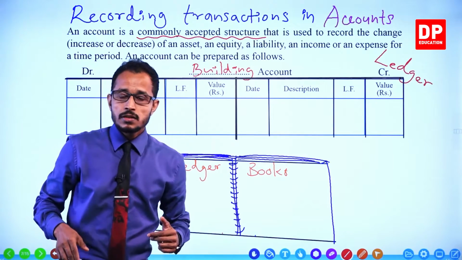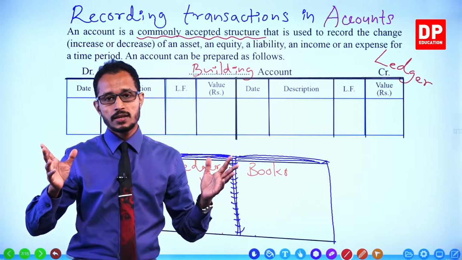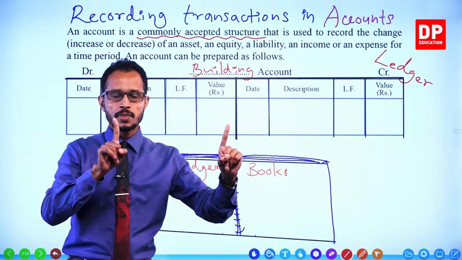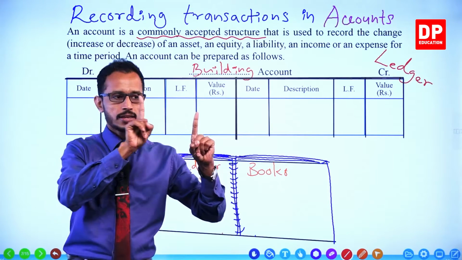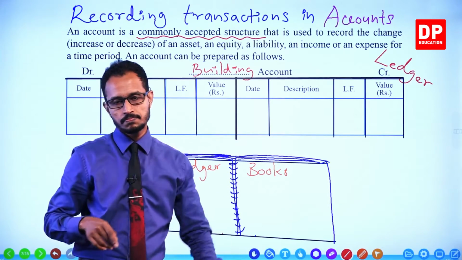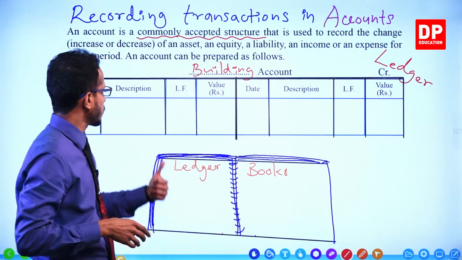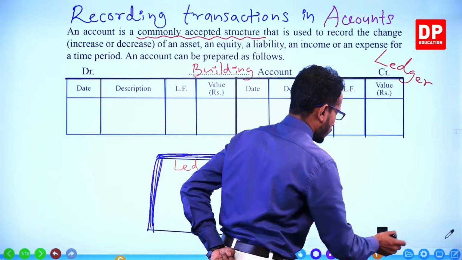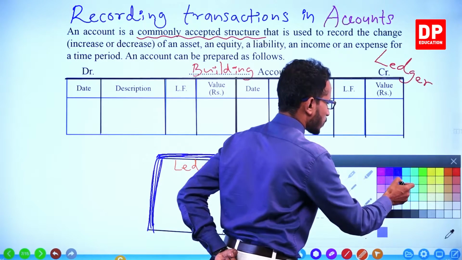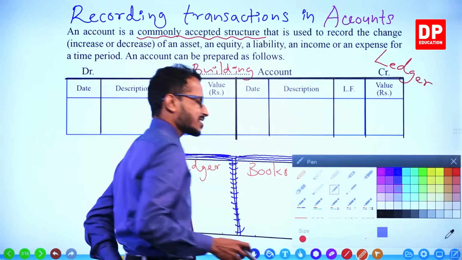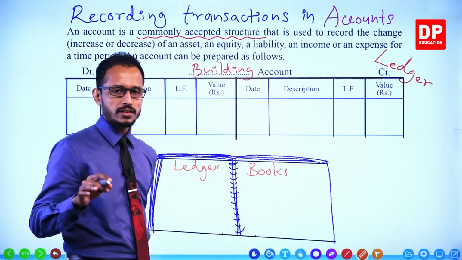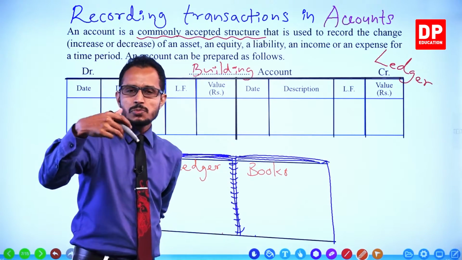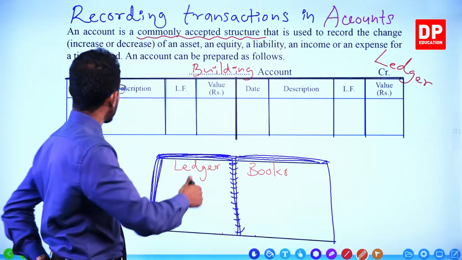The columns come in this manner: narrow column, wide column, again narrow column, wide column. Remember it like that. Narrow column for date. Children, it doesn't matter whether it's narrow or wide, but just to make it easy to remember.